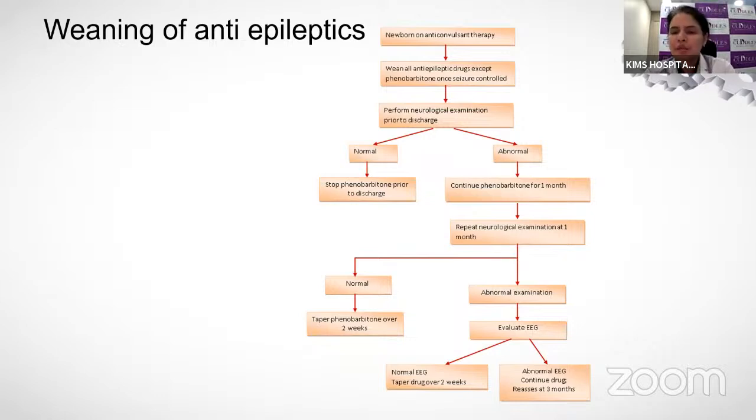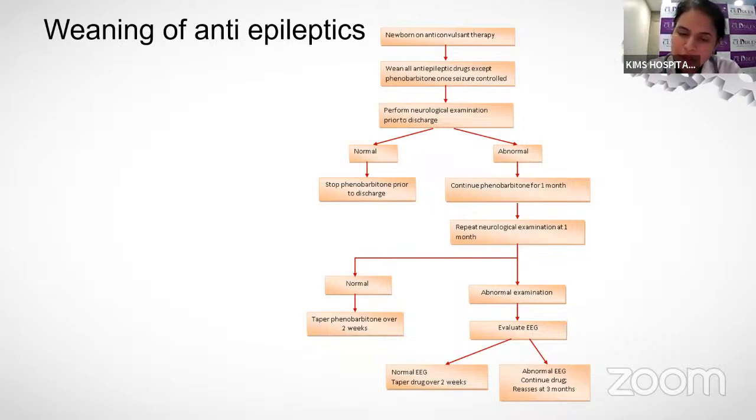If the discharge neurological examination is abnormal, one will have to continue phenobarbital for 1 month and then repeat the neurological examination. Again, if at 1 month the neuro examination is absolutely normal, one can taper phenobarbital over 2 weeks and stop it. And if it is associated with persistently abnormal neurological examination, one needs to evaluate with an EEG.